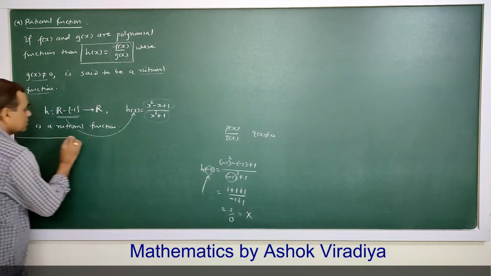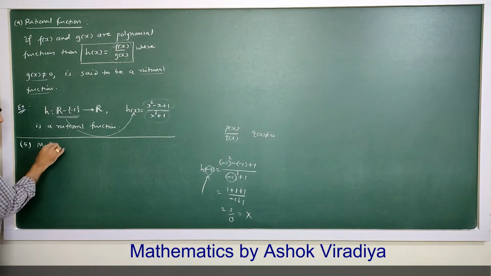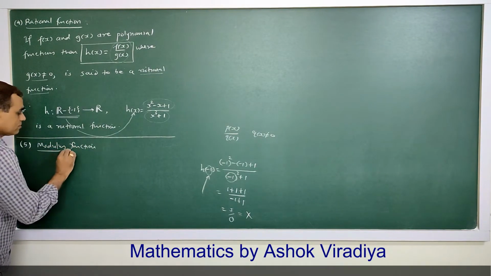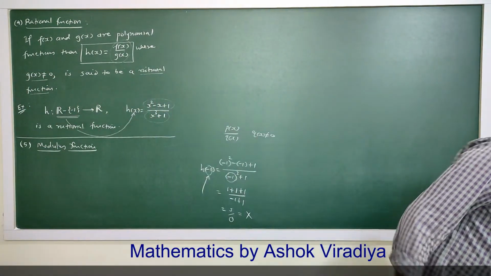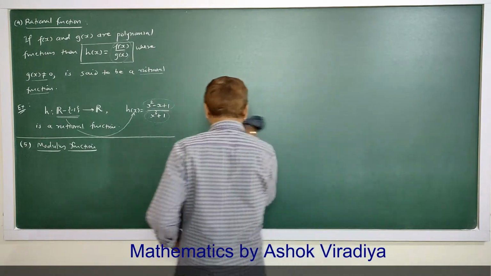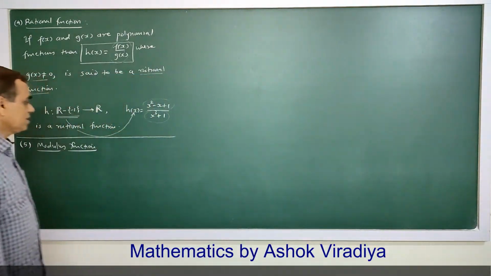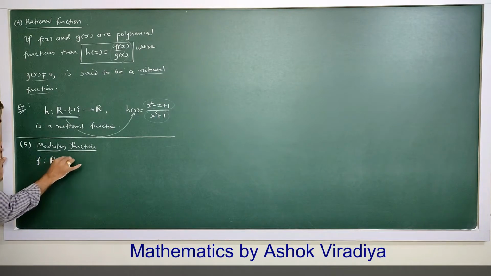Then the fifth type of function is the modulus function. The definition of the modulus function is that a function f from the set of real numbers to the set of real numbers.